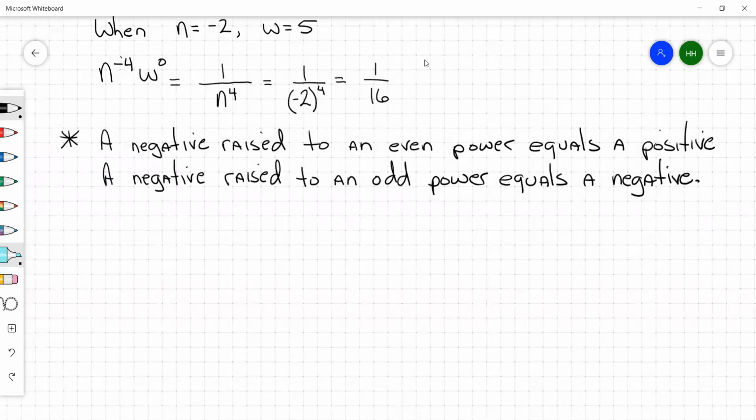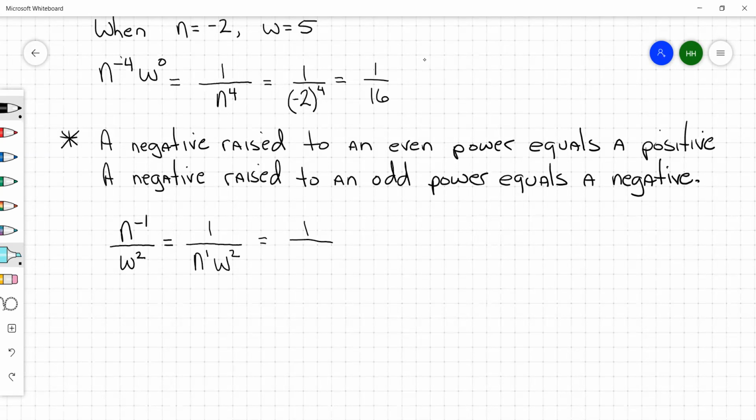All right, so let's try n to the negative 1 over w squared. So simplify the exponents first. The n's got to go to the numerator. So we go 1 over n to the first w squared. And then we can substitute.